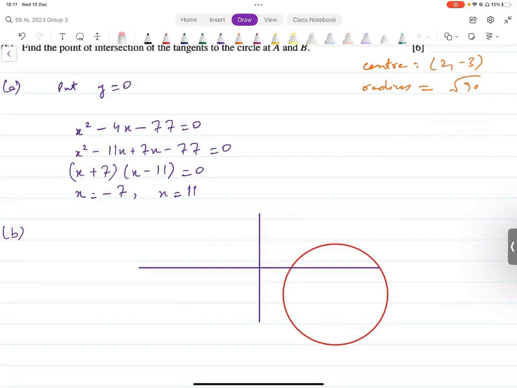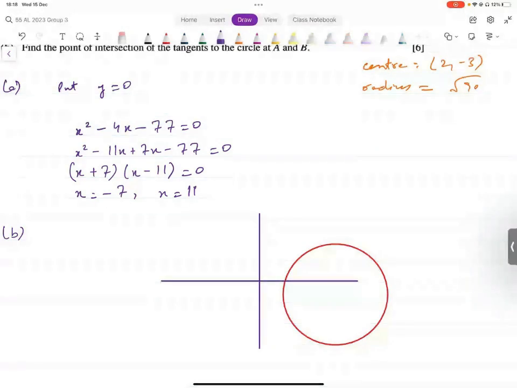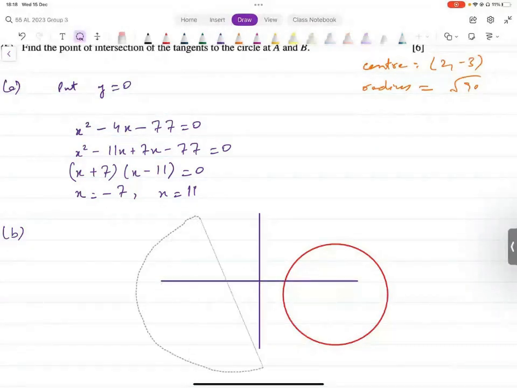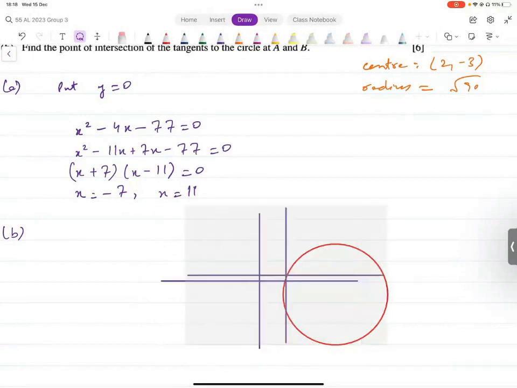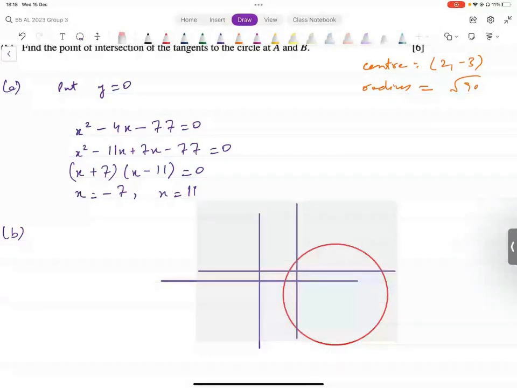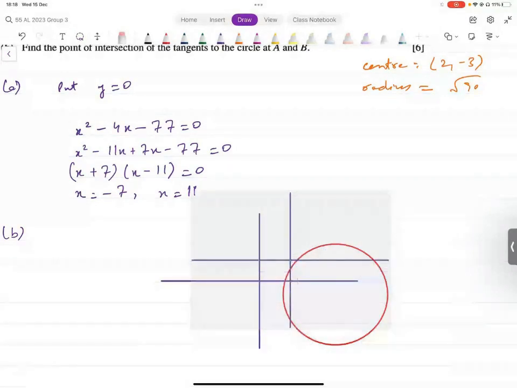Center of the circle is going to be below the x axis and towards the right of it, I think. Right के ऊपर and below the x axis. So it may be something like this, right?